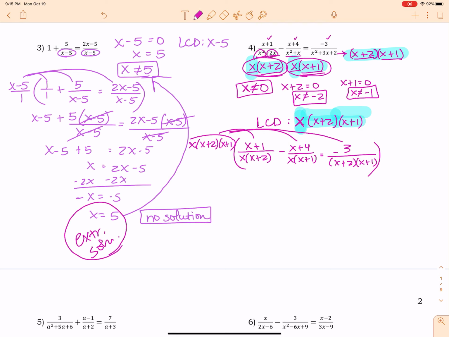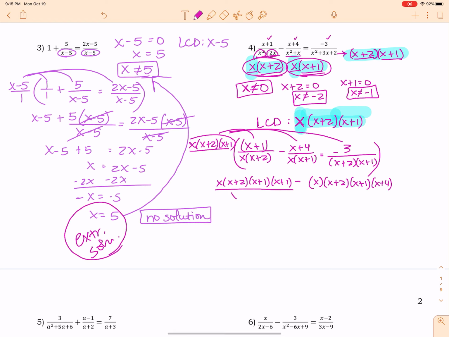All right, so I'm just going to start writing it out. I've got x times x plus 2 times x plus 1. All of this gets multiplied to x plus 1. So I'm going to have another x plus 1 here. Minus, I'm going to have x times x plus 2 times x plus 1 times x plus 4.